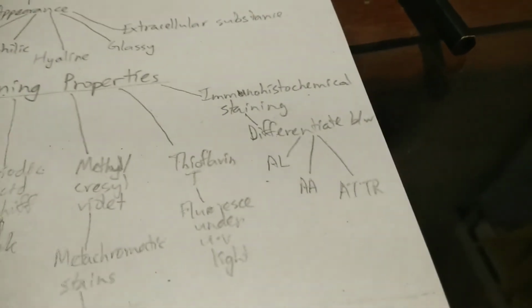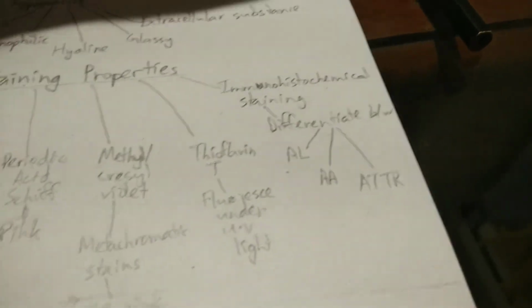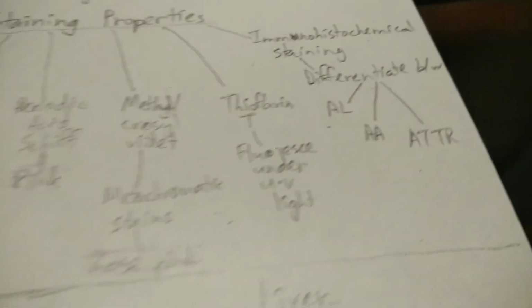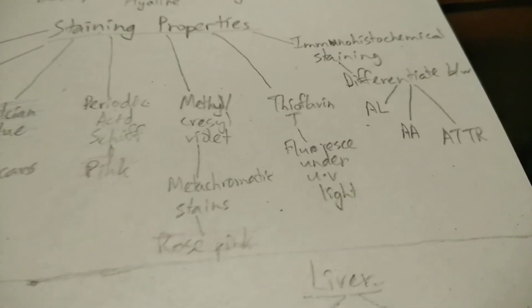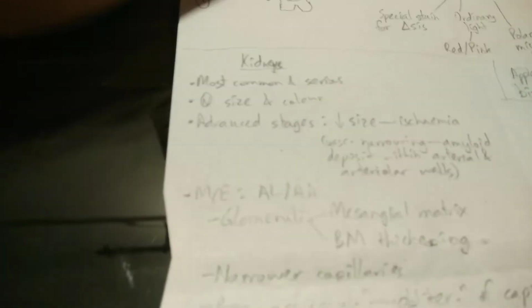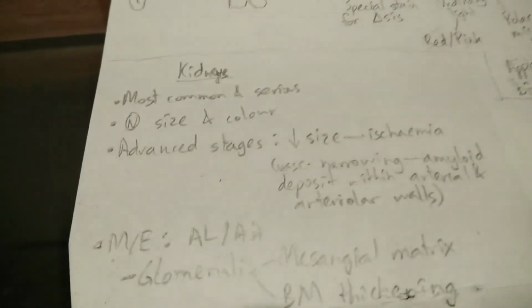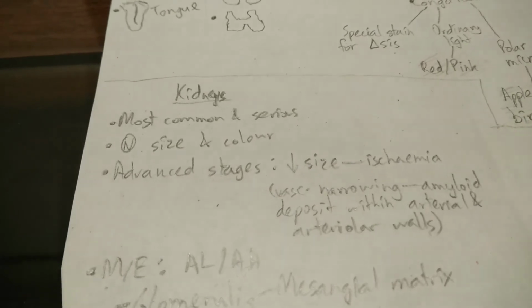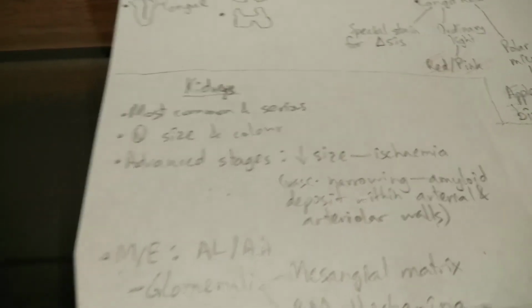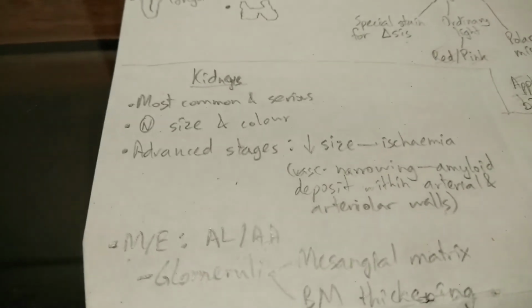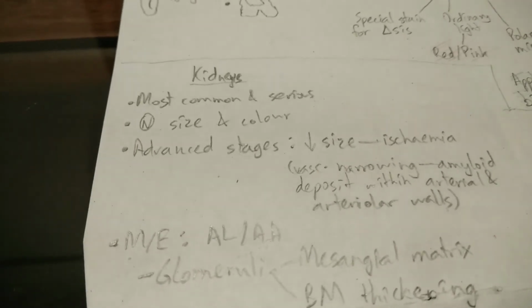All right. Now, moving on to the specific pathologies of different organs which amyloidosis can affect. The most commonly affected and serious complications are those of the kidneys. So amyloidosis in kidneys. Initially, for the most part, you find that the kidneys appear to be normal in size and color.